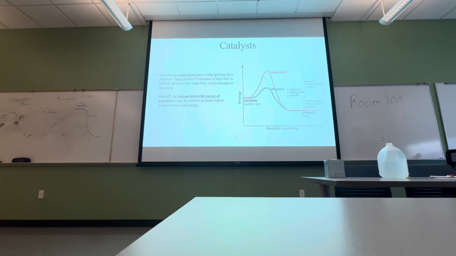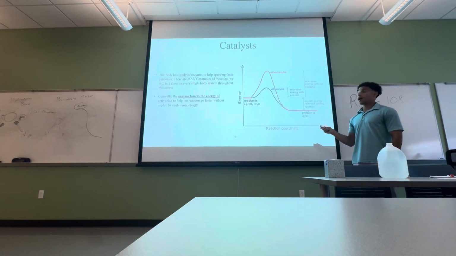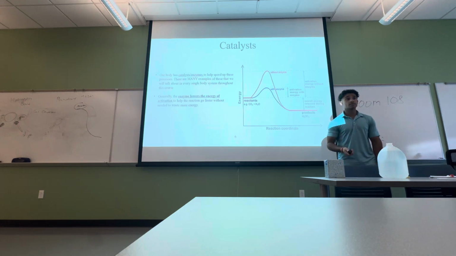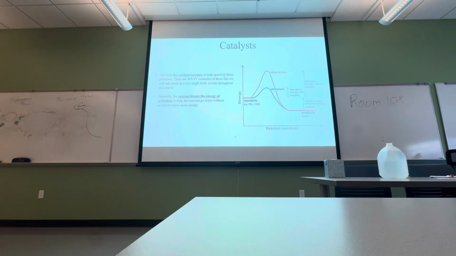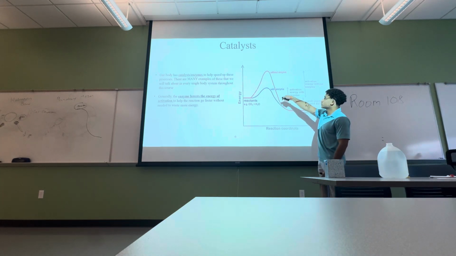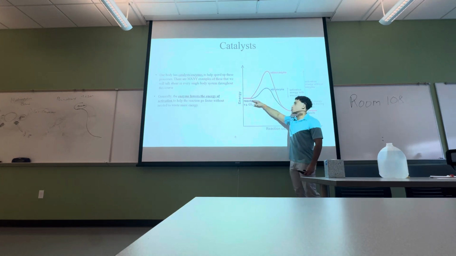Okay. And there's this concept, still on par with reactions, that you can have these things called catalysts. Oftentimes these are called enzymes. And there's many different types of enzymes. Sometimes they're drugs too. And what happens with enzymes is that instead of the energy of activation being this high, if you add an enzyme to the reaction, it will lower the energy required to get to the other side.